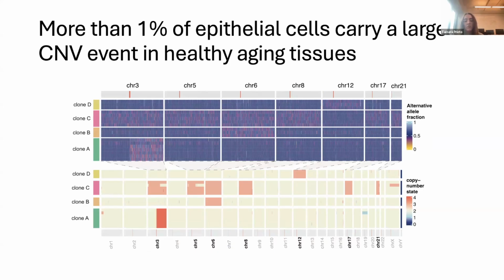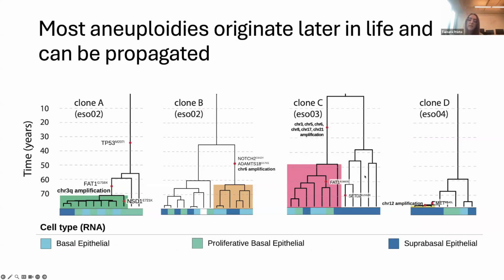And in one clone, we observe what appears to be an unbalanced non-disjunction event with multiple chromosomes amplified. Here, we can observe the same CNVs on the phylogeny, where we can obtain the age estimates of their most recent common ancestor. And it seems that all these aberrations have occurred in the 2 to 3 latest decades of the donor's life.